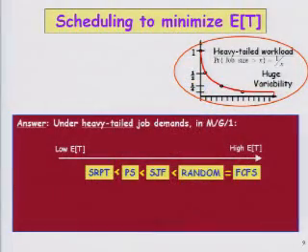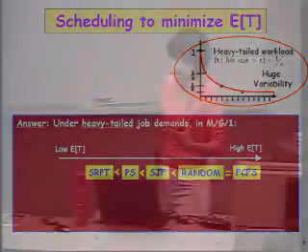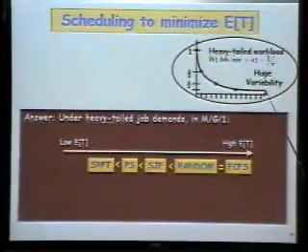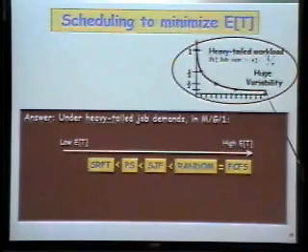And you might ask, well, what happens if you don't know the size of a job? Well, there what's customary is to use how long the job has run so far, which is the age of a job. So that's called foreground background scheduling, where you use the age of a job and you say, I'm going to run the job that has the smallest age so far. And in this type of distribution, which has a property called decreasing hazard rate or decreasing failure rate, the age of a job is actually a very good predictor of its size.